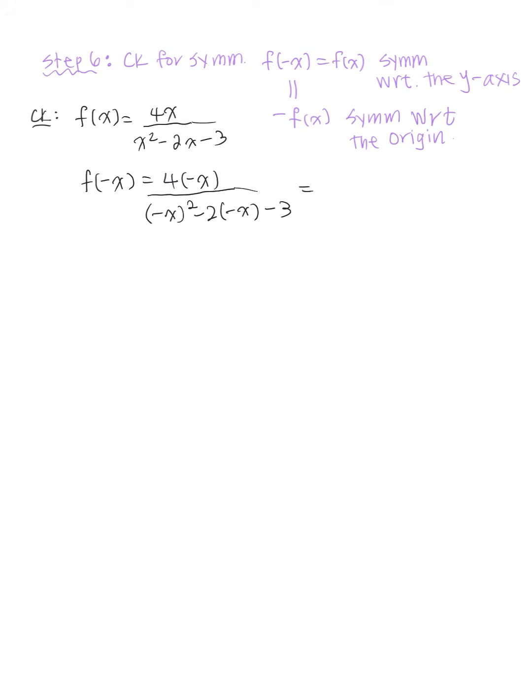Which is the same thing as negative 4x, whole thing divided by, now negative x whole quantity squared is going to give us positive x squared. Next term is going to be plus 2x, and then minus 3. And analyze, is this the same thing as f of x?